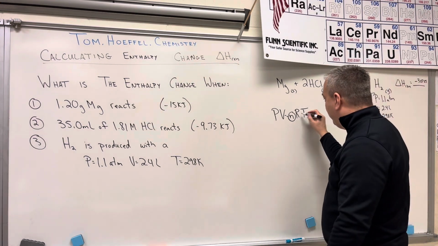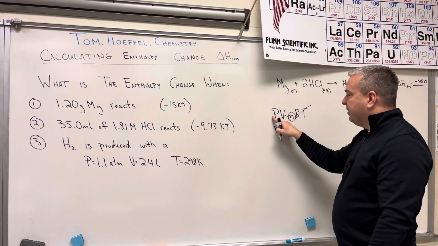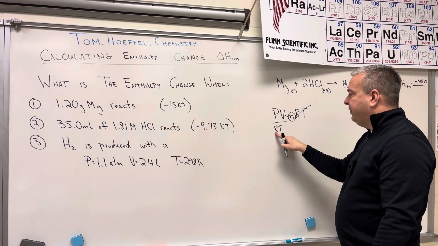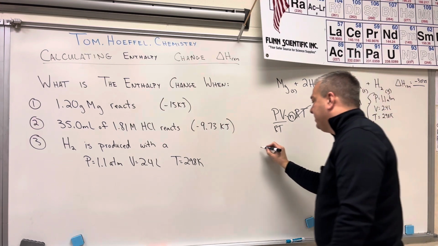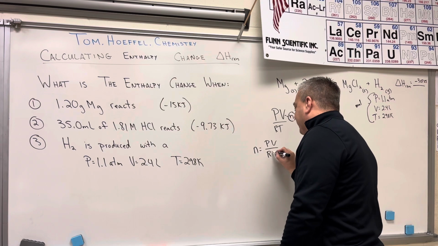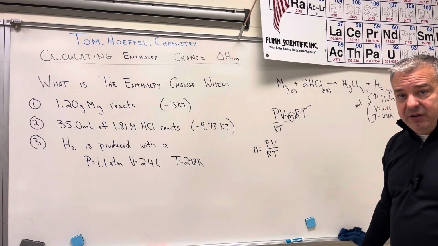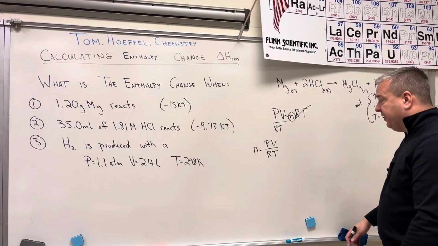So we divide by RT on both sides. Moles is equal to the pressure times the volume divided by R, the ideal gas constant, times temperature. We did this in a previous video, so if you need practice, please go back and look at the gas laws video on how to calculate this type of information.